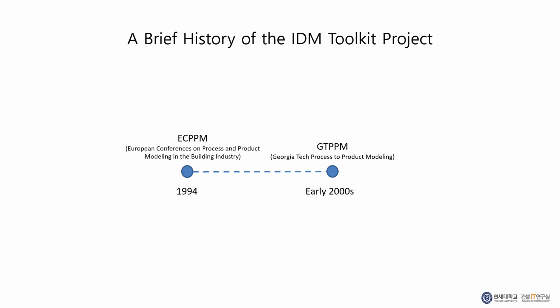In the year 2000, I started developing a tool and a method that can tightly integrate process and product modeling, or AAM and ARM or AIM, together, so that once you specify information in a process, you can produce a product model directly from the information collected within a process. The effort was referred to as Georgia Tech process to product modeling, because I was at Georgia Tech at the time.